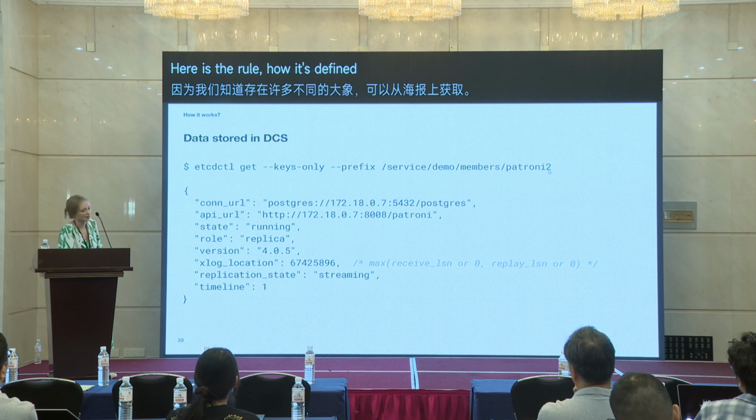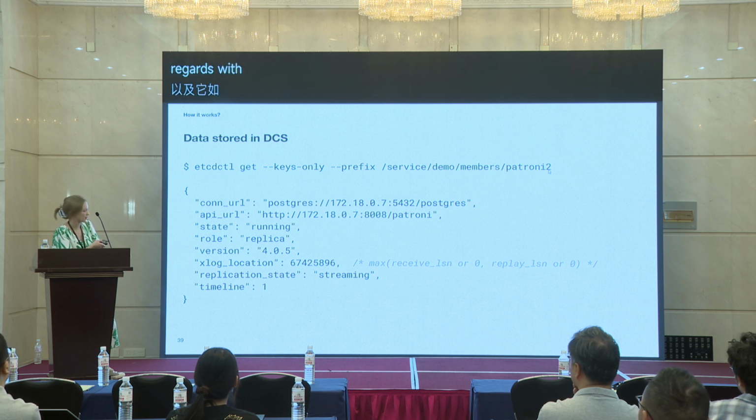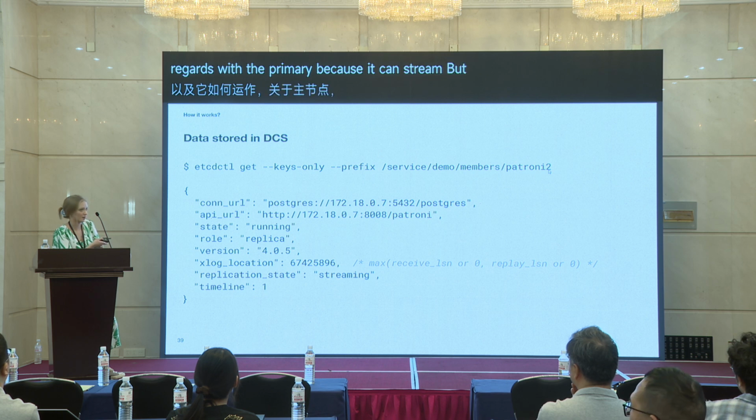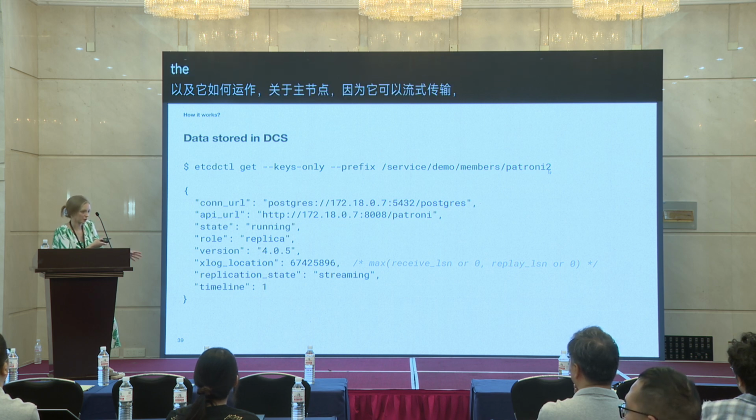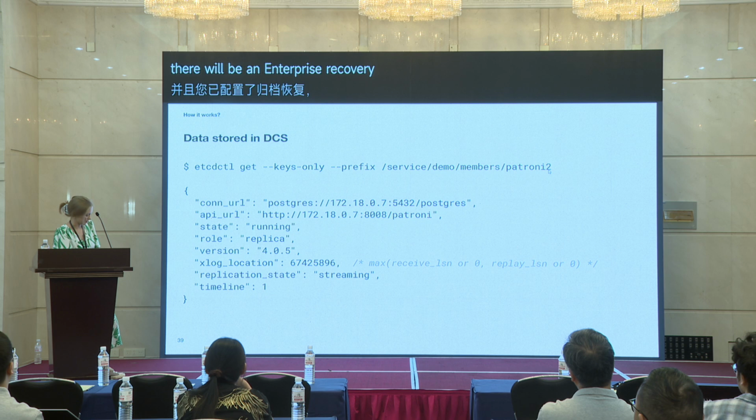Then the replication state, what it is doing with regard to the primary, because it can stream, but if something is wrong with the replication connection and you have configured archive recovery, there will be an archive recovery state, and the current timeline of this instance.